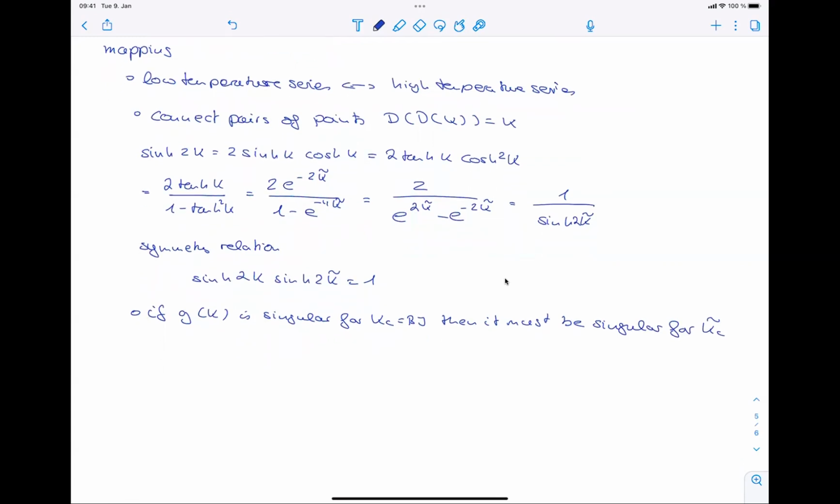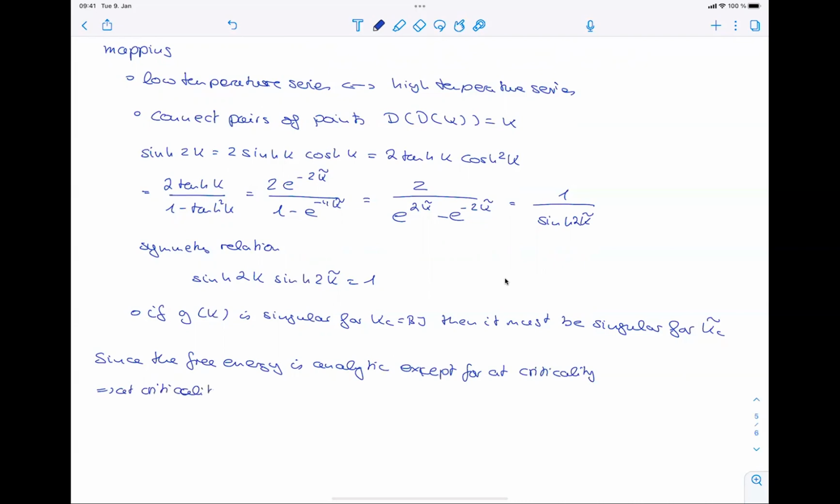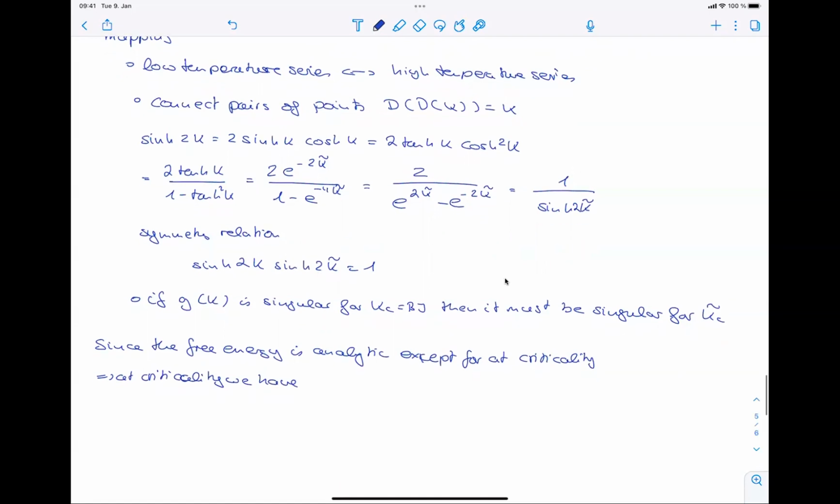And since the free energy is in principle analytic, except at criticality, given this relation being true, we have K̃c equal to Kc.